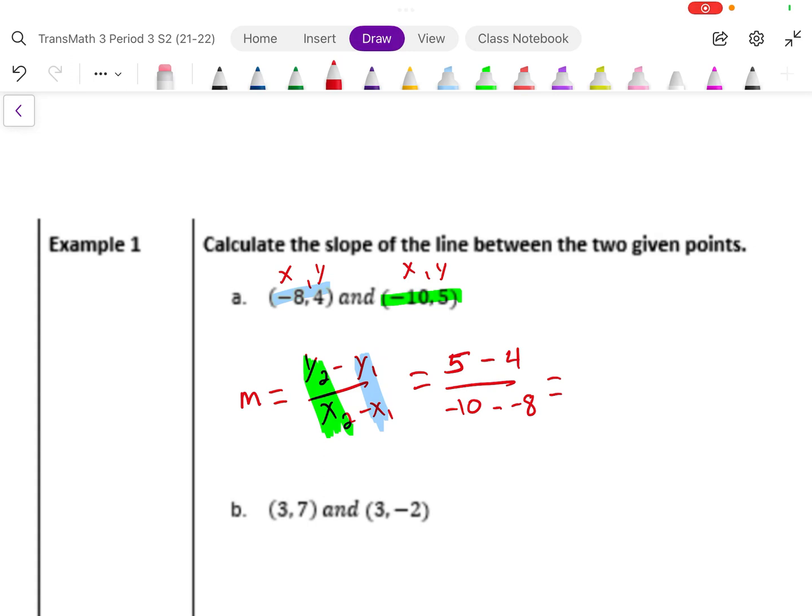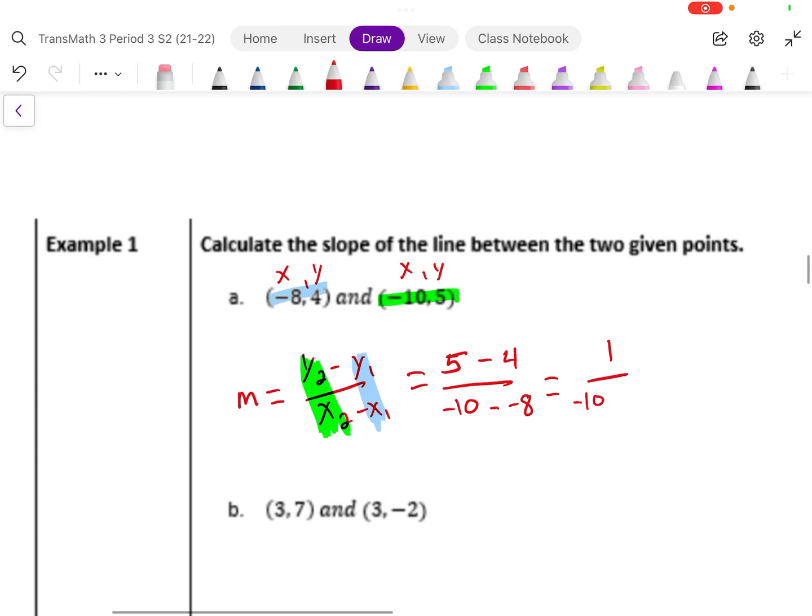Simplifying, 5 minus 4 is 1. Then we have negative 10 minus negative 8, which I can write as negative 10 plus 8, giving us 1 over negative 2. So we have a slope of negative 1/2.